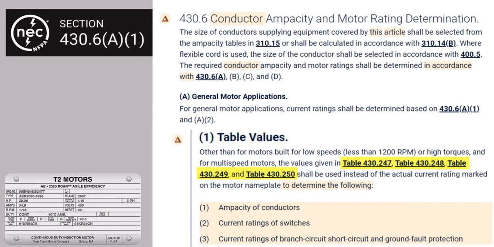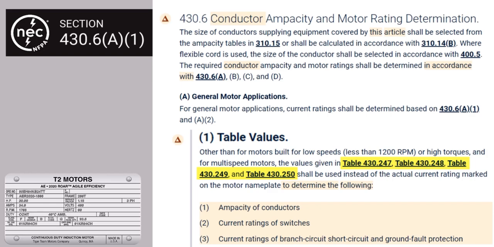So 430.6: the size of conductors supplying equipment covered by this article shall be selected from the ampacities in 310.15, or shall be calculated by 310.14, where flexible cord is used. General motor applications are down here in the tables.